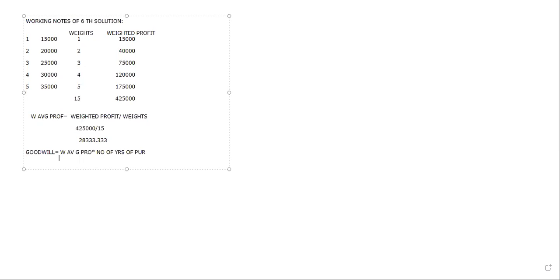So 28,333.333 into 3 years gives 85,000, with 999 something after it. So we can round it off. What is the new goodwill value? 85,000.